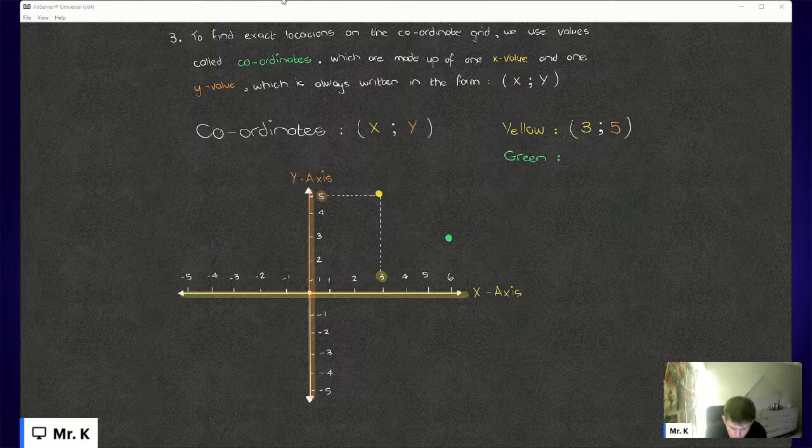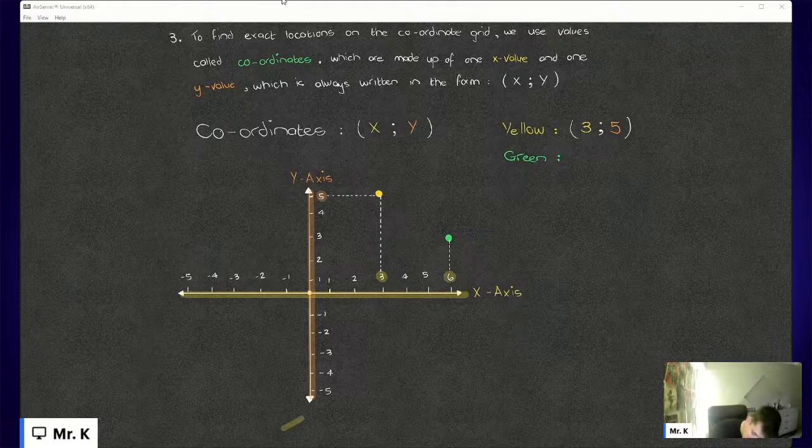So, looking at our new green dot over here, let's find its x value. How do we find the x value? We're going to draw a dotted line all the way to the x-axis. Here's the x-axis over here. So we can see that our dot lines up with an x value of positive 6. So we can go and open our brackets, and the first part of our coordinate, the x value, is the number 6.